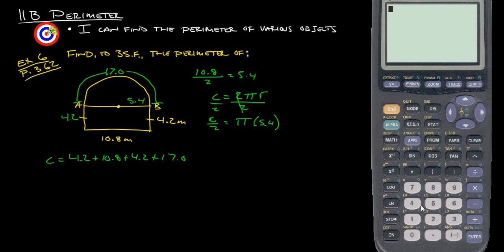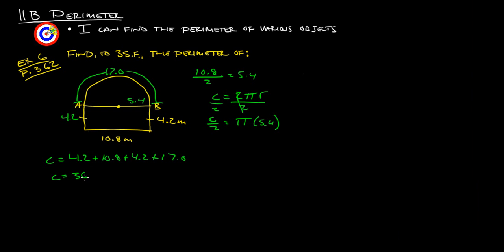Let's add that all up and see what we get. 4.2 plus 10.8 plus 4.2 plus 17, and we get 36.2 meters. That should be our perimeter.